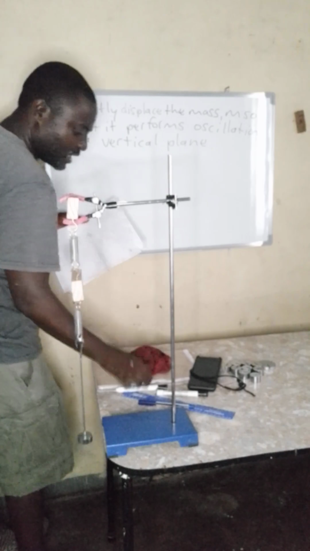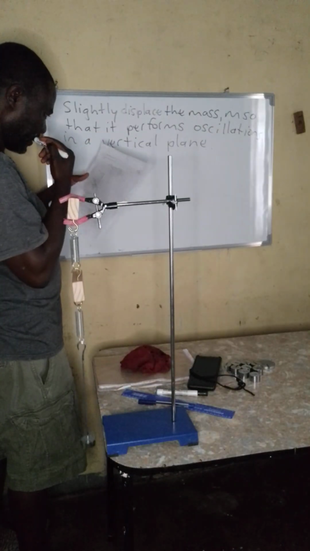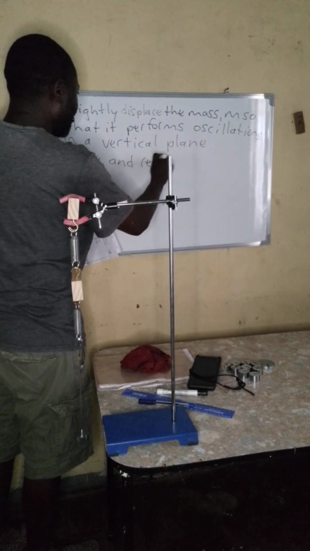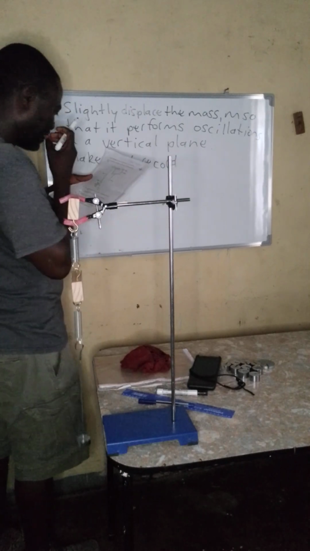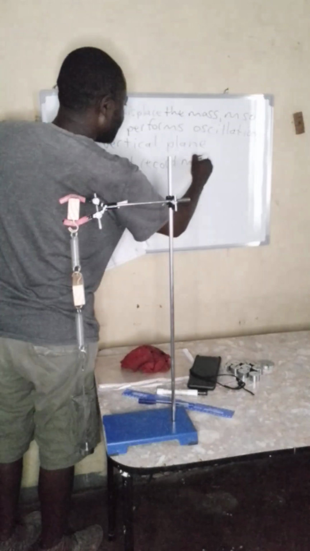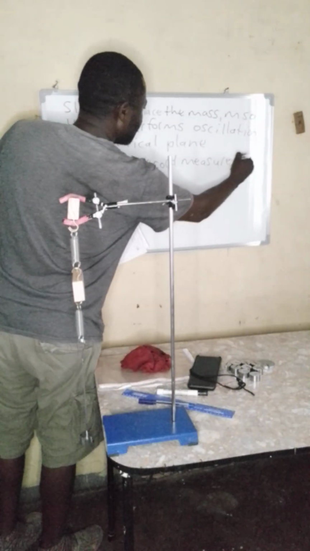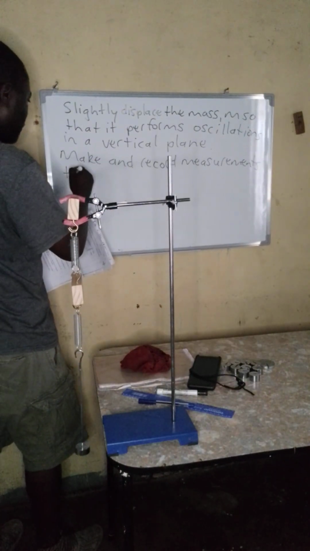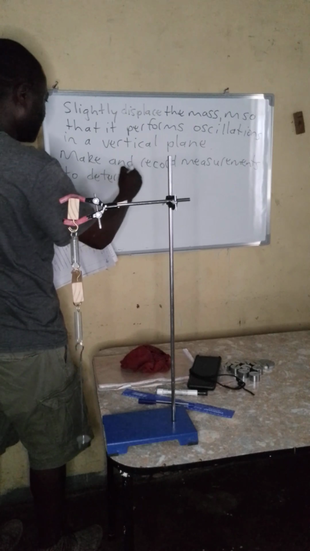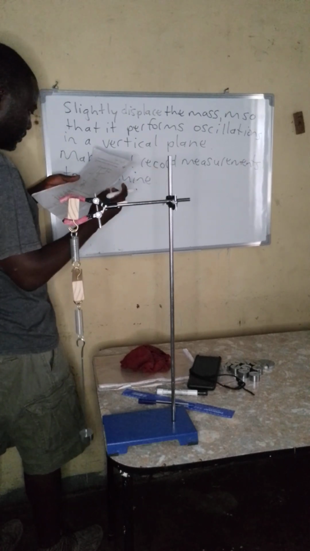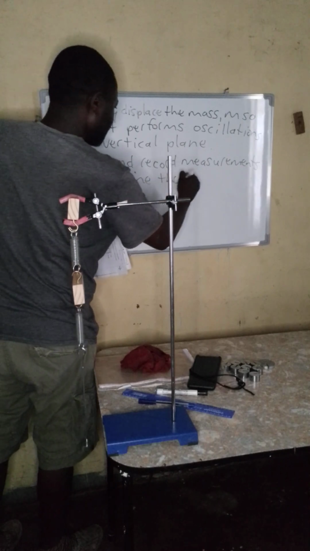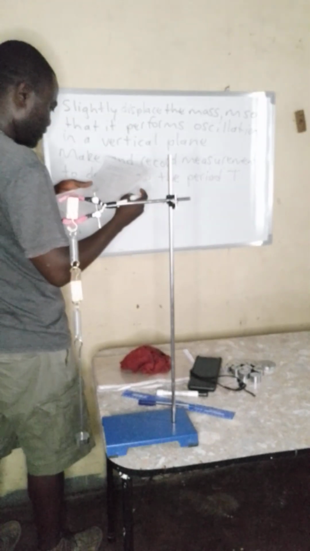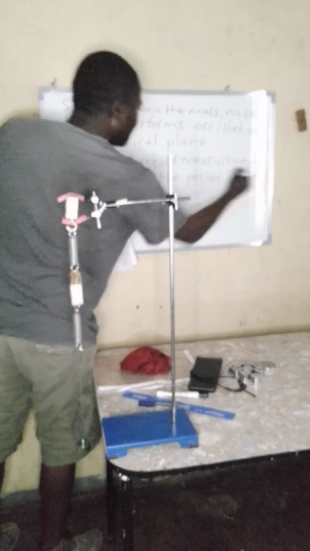Then the next instruction is saying make and record measurements to determine the period T of oscillation of a system.